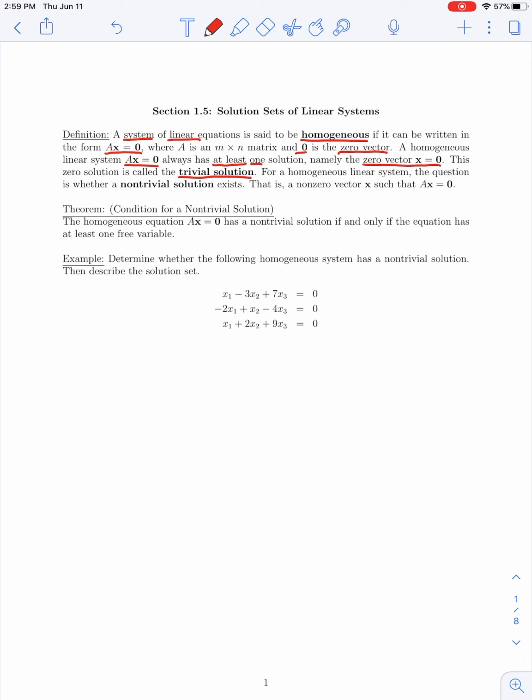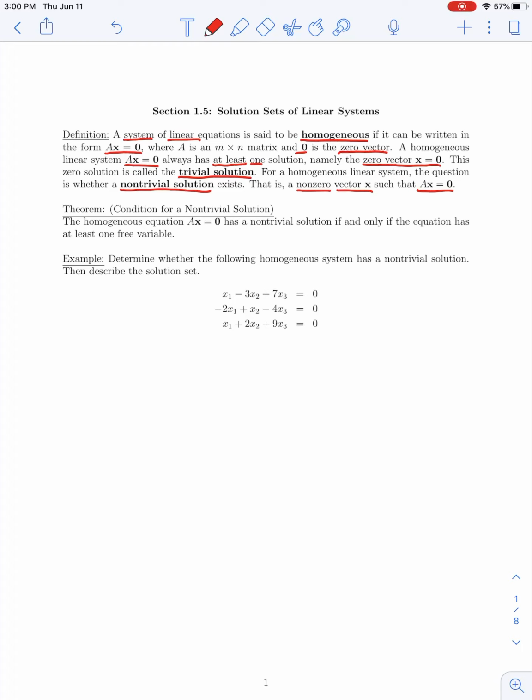So what we're really interested in for the majority of homogeneous systems is whether we have a non-trivial solution. By a non-trivial solution, we mean some non-zero vector X, that is, a vector of entries that are not all 0, such that A times X can be made equal to 0.